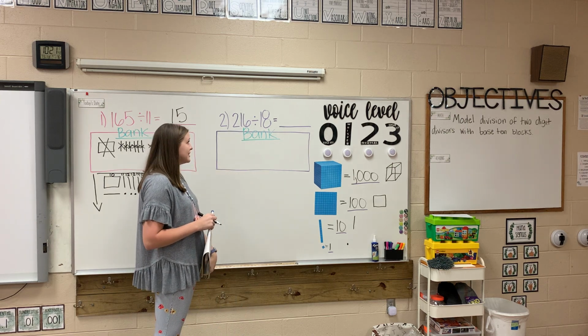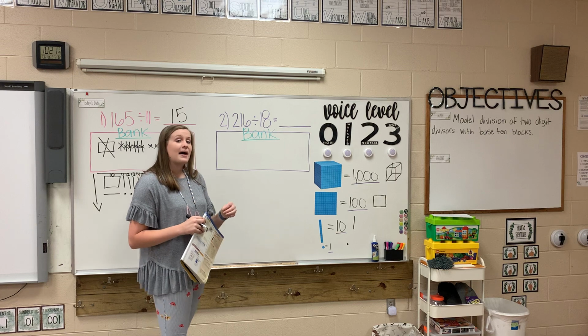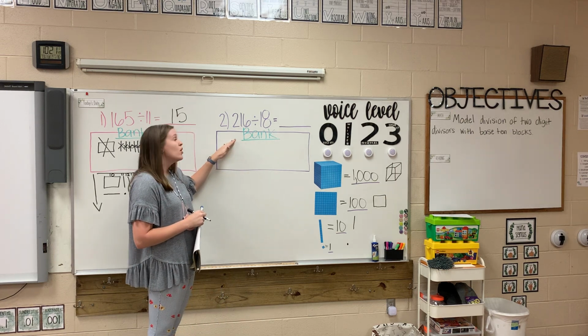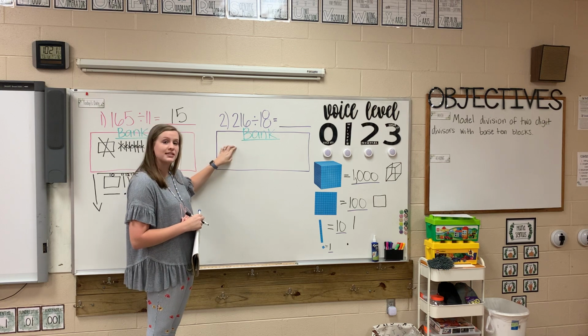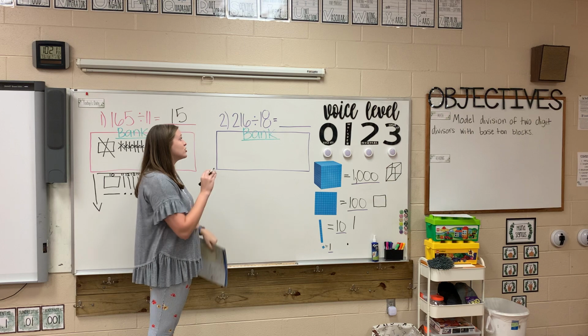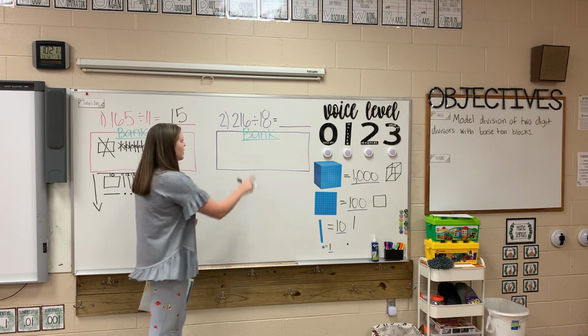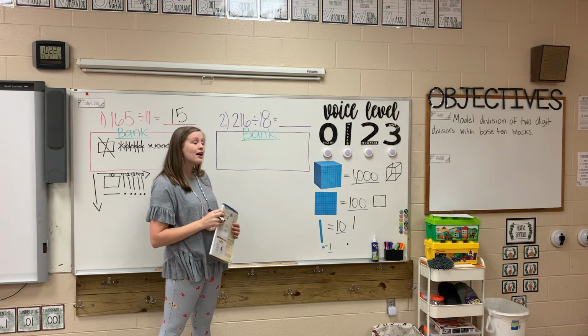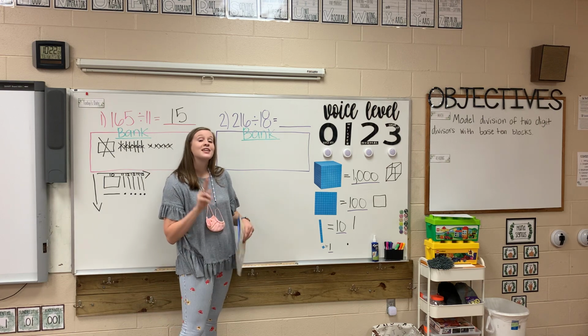We have 216 divided by 18. Let's start with our bank. Which number do we need to represent in our bank? Our dividend, correct. So we need 216. Start in our hundreds place. We need 200s. So how many flats do we need? 2.